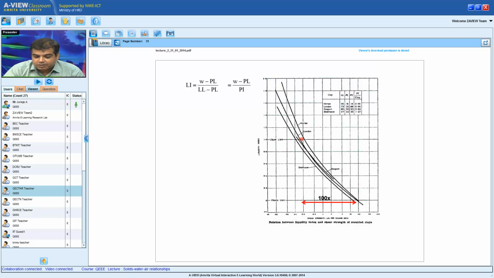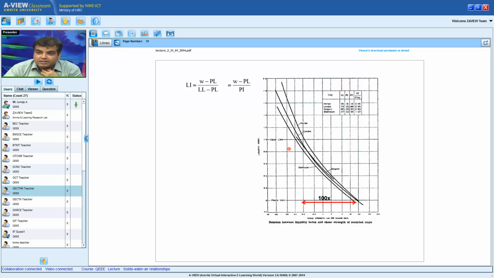If you move horizontally, the strength of the soil is around this value. And at liquidity index of 0, somewhere here where you are at plastic limit, the strength is over here. What people have observed is, this arrow is not very nicely drawn, but somewhere from here to there, the range is 100 times.